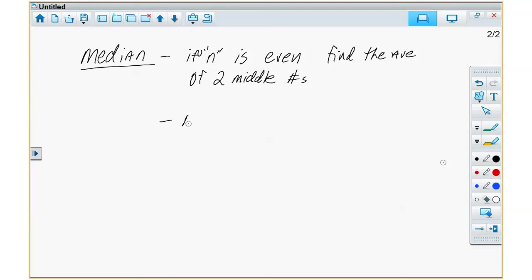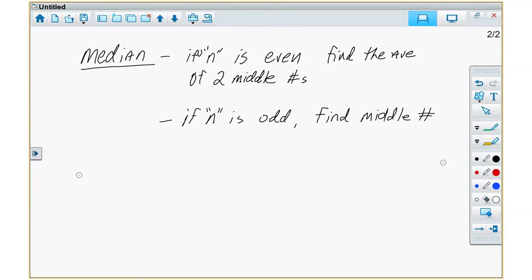If n is odd, you just find what? Find the middle number. Now, I'm not going to insult your intelligence by doing a lot of these, because I think most of you can tell if n is odd or even.